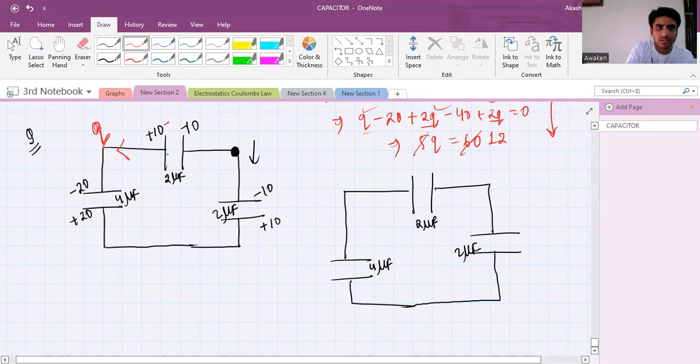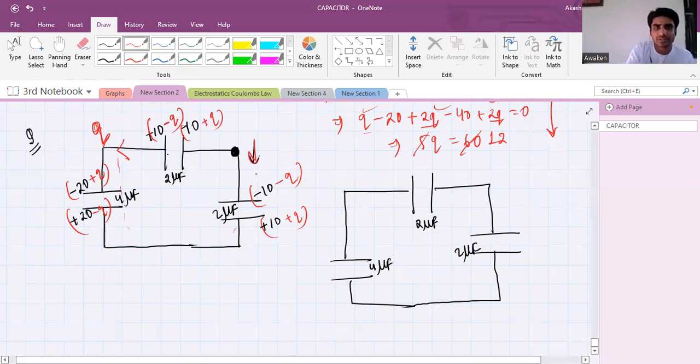Plus 20 minus q. Either 10 minus q, clear? Yes sir. Minus 10 plus q. Minus 20 plus q. This is 20 minus q. 10 plus q because q is arriving, right? Then minus 10 minus. Yes or no? Yes, sir.